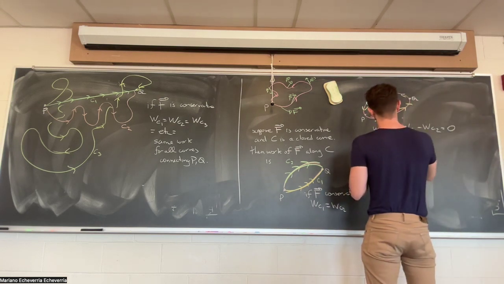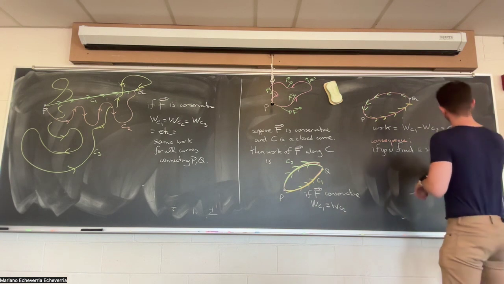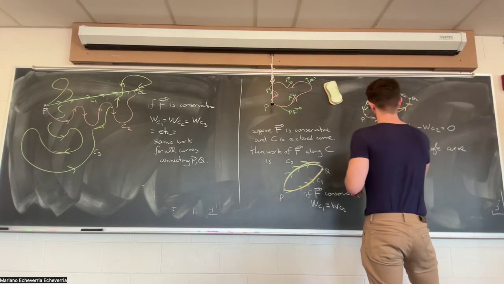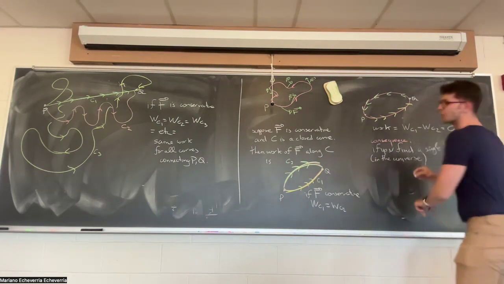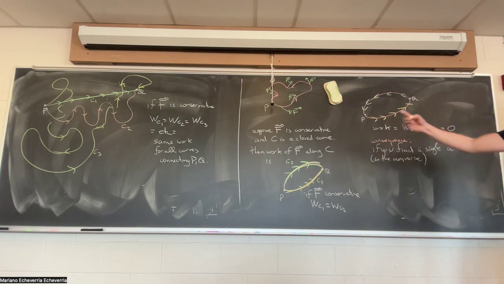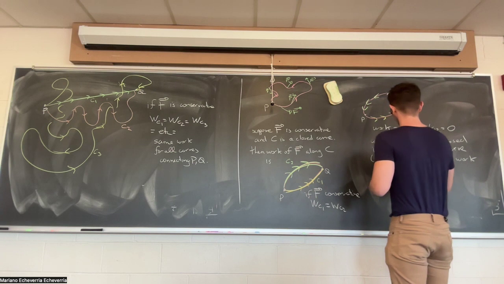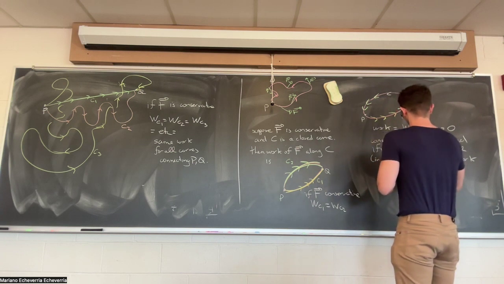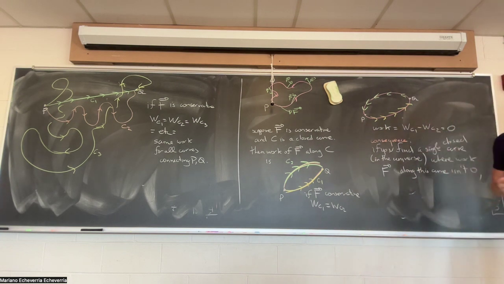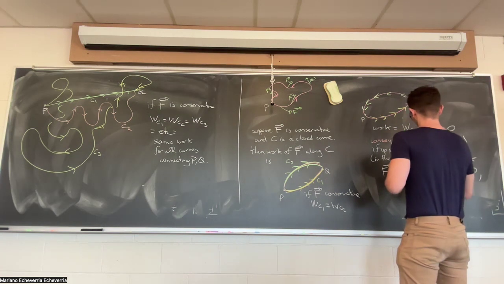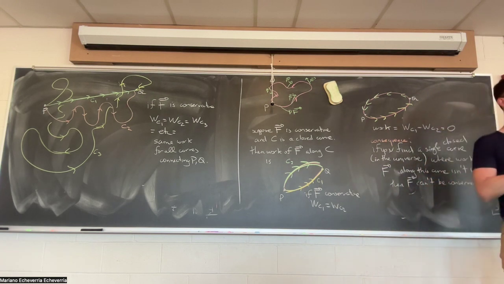So if you find a single closed curve in the entire universe where the work of F is not zero along this curve, then F can't possibly be conservative. Okay. Does that make sense?